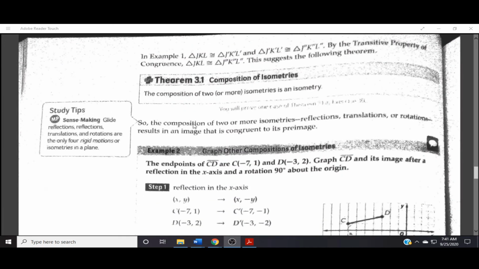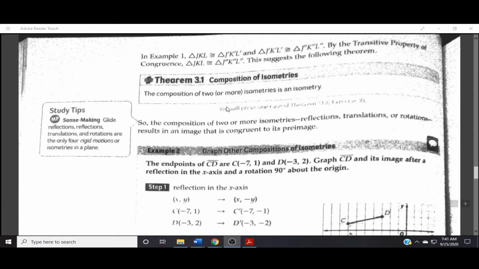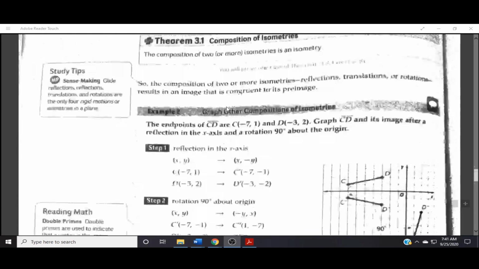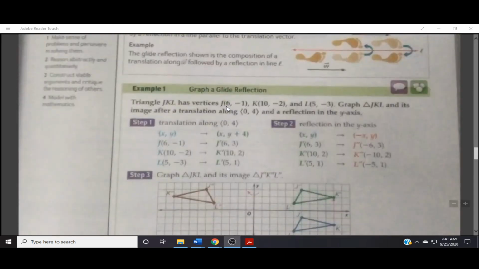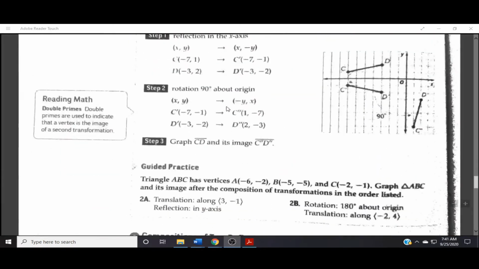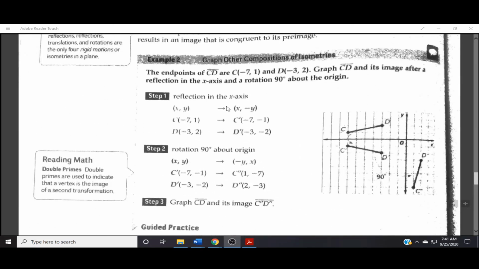Composition of isometries: the composition of two or more isometries is an isometry. What does that mean?